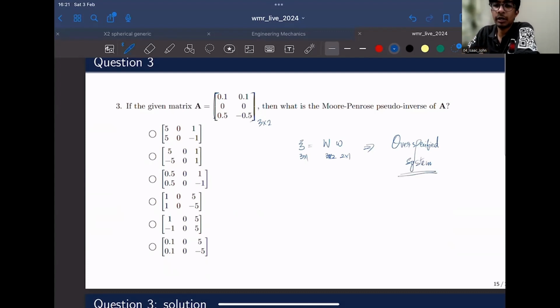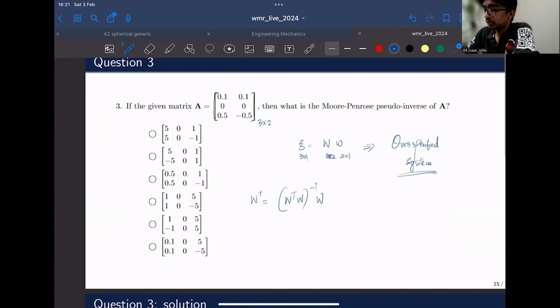We have just seen what inverse we should take for an overspecified system. So we have to take the left pseudo inverse, which is nothing but W transpose W, the whole inverse, W transpose. This will be your left pseudo inverse.